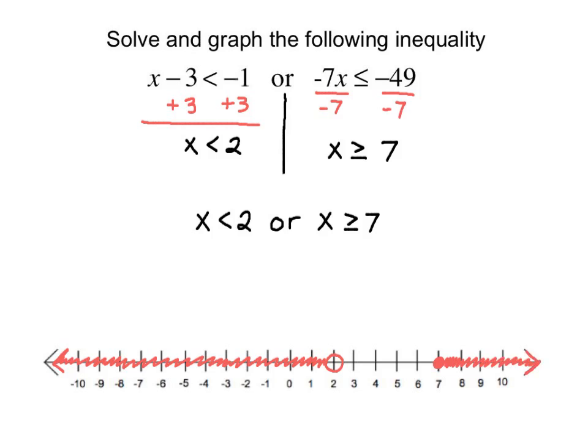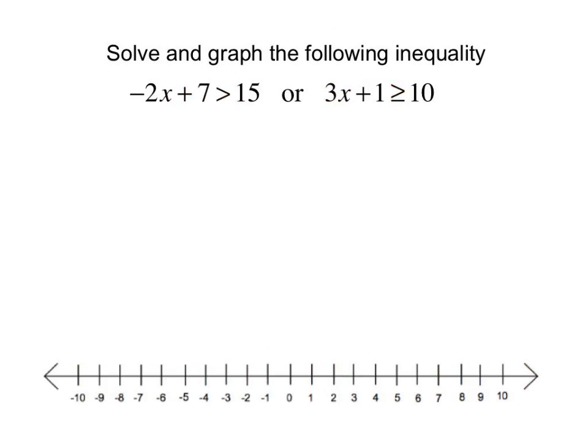So essentially what we notice then is that the only spots that are not solutions of this inequality are between 2 and 7. These are the only numbers that aren't either less than 2 or greater than or equal to 7. Everything else is going to be a solution to one inequality or the other, making them a solution of the entire compound inequality.